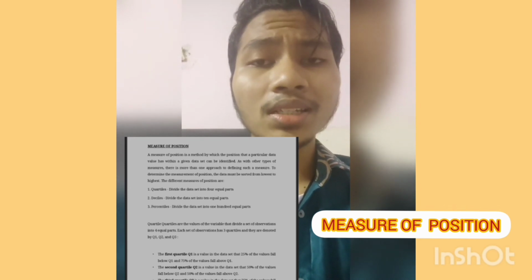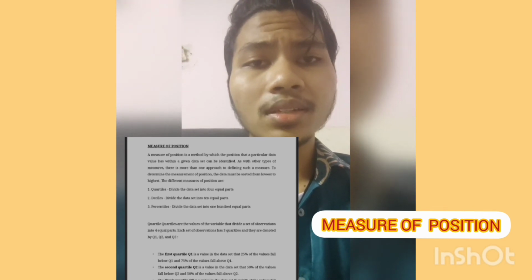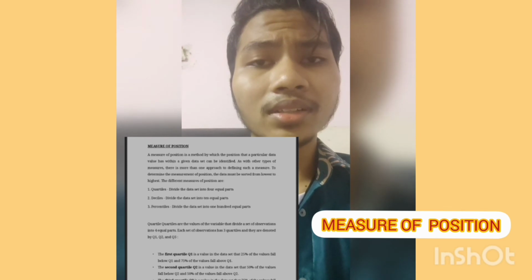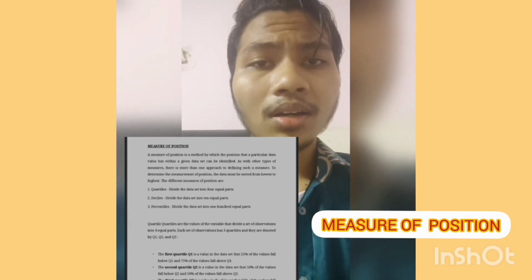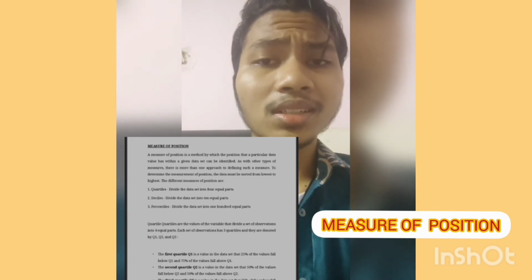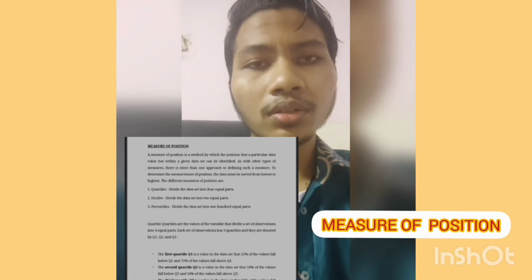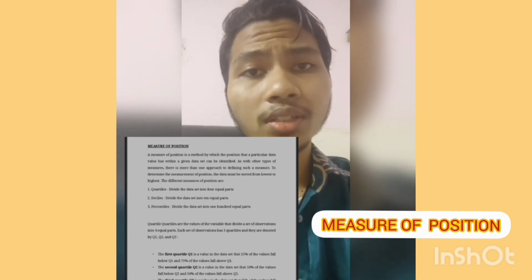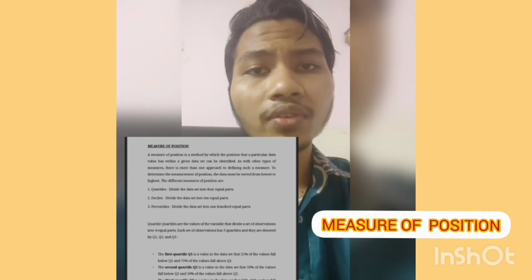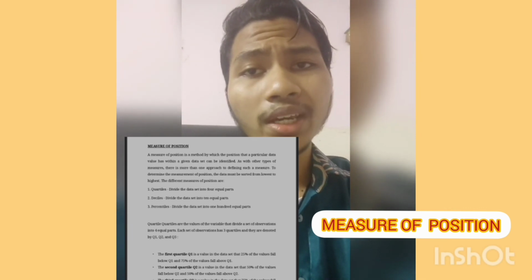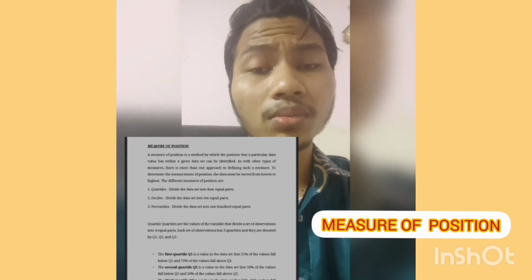Quartiles. Quartiles divide the data set into 4 equal parts. Second, deciles. Deciles divide the data set into 10 equal parts. And third, percentiles. Percentiles divide the data set into 100 equal parts. The first quartile, Q1, is a value in the data set such that 25% of the values fall below Q1 and 75% of the values fall above Q1.